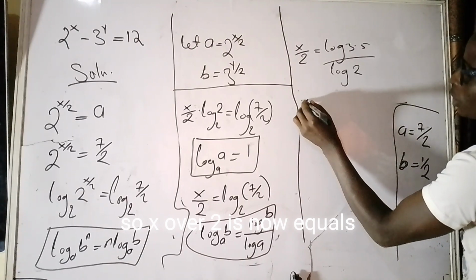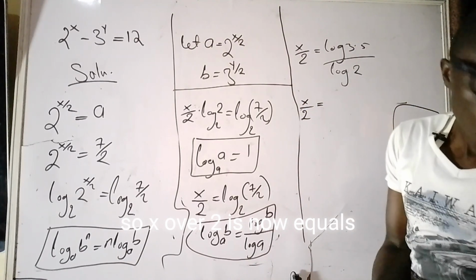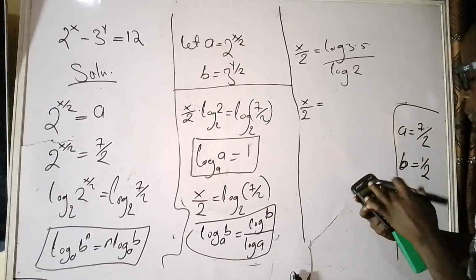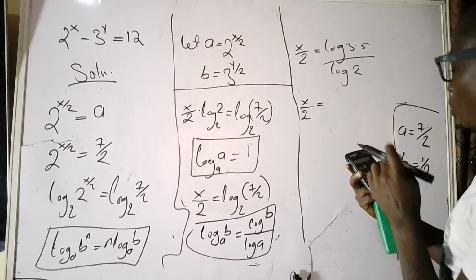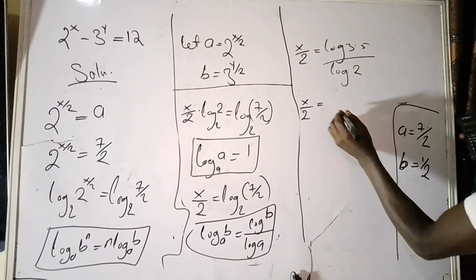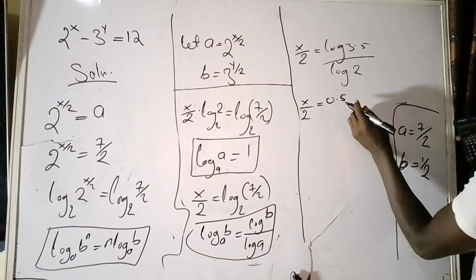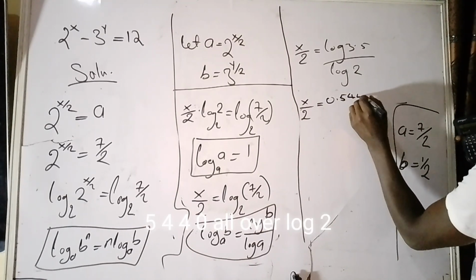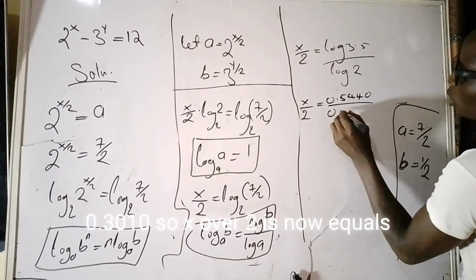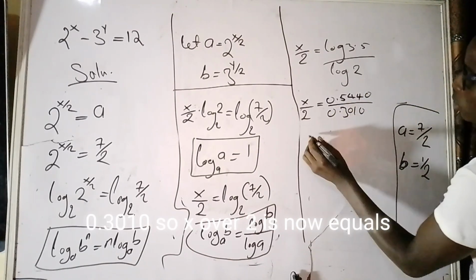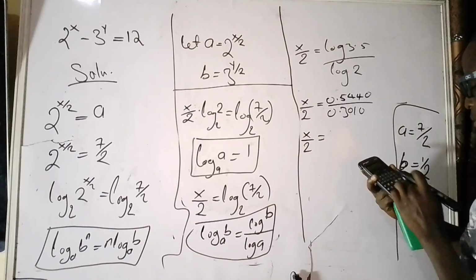So x over 2 is now equals, let me use the calculator, log 3.5 is 0.5440 all over log 2, which is 0.3010.